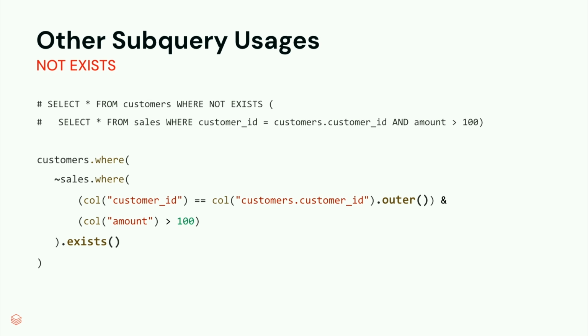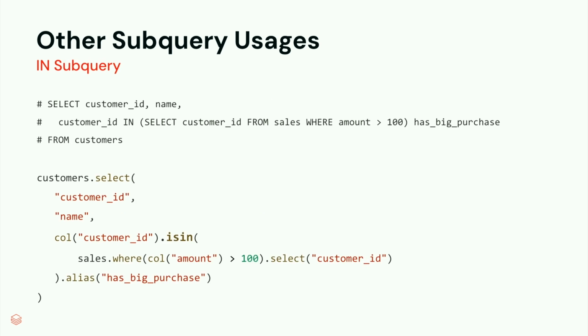Exactly how you'd invert any Boolean expression. And third and finally, Spark 4.1, as I mentioned before, introduces in subqueries with call.isIn and it should take a DataFrame object. This lets you test membership of a value against the subquery's output. Again, very similar to SQL. These patterns let you stay fully within the DataFrame API while still writing powerful nested logic.